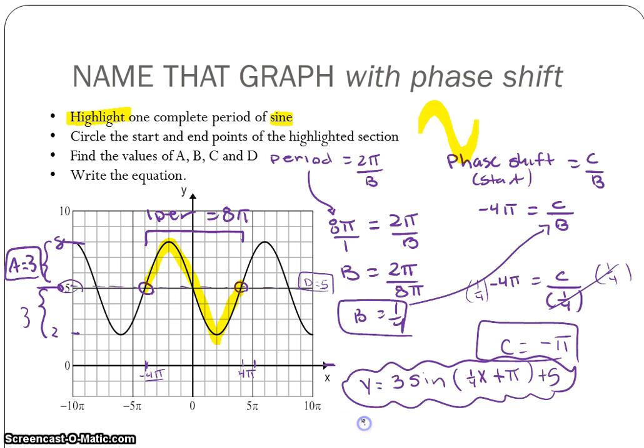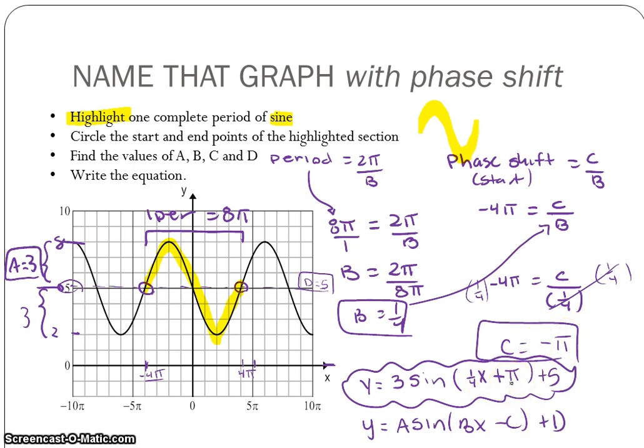So remember, the general sine function is a sine bx minus c plus d. So it's minus your c value. So it's minus a negative pi, so it's a plus pi.